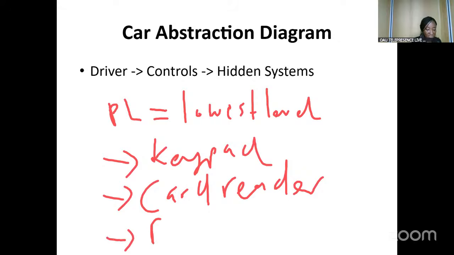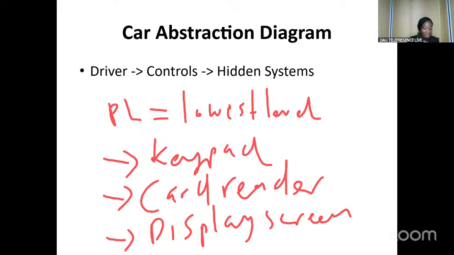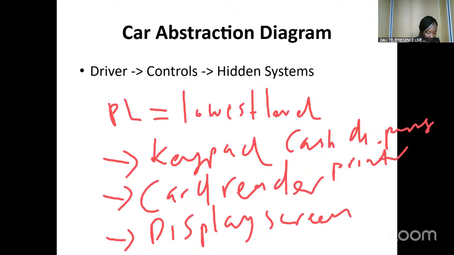You have a screen where you see the information, called the display screen. You have a cash dispenser that releases your money after pressing buttons. You have the receipt printer.